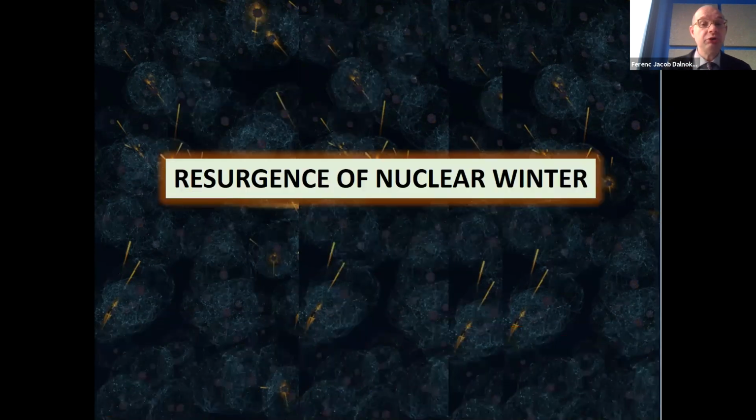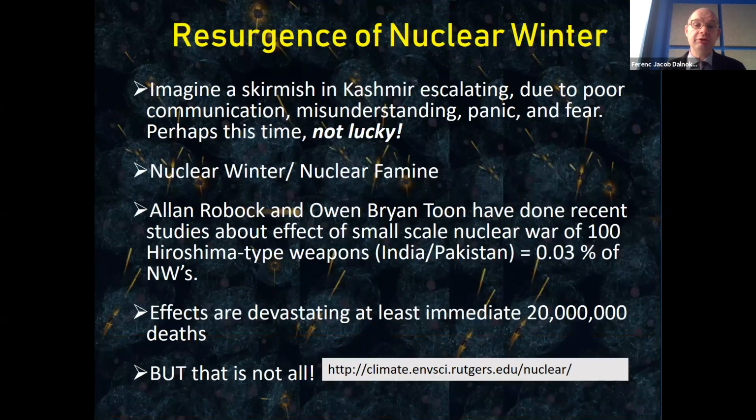Now I'm going to talk about the resurgence of the nuclear winter concept. It turns out that this idea of nuclear winter, that if you would have a nuclear exchange between the United States and the Soviet Union, which was emphasized in the 1980s, that would produce a lot of soot in the air, and that would cause massive cooling of the planet.